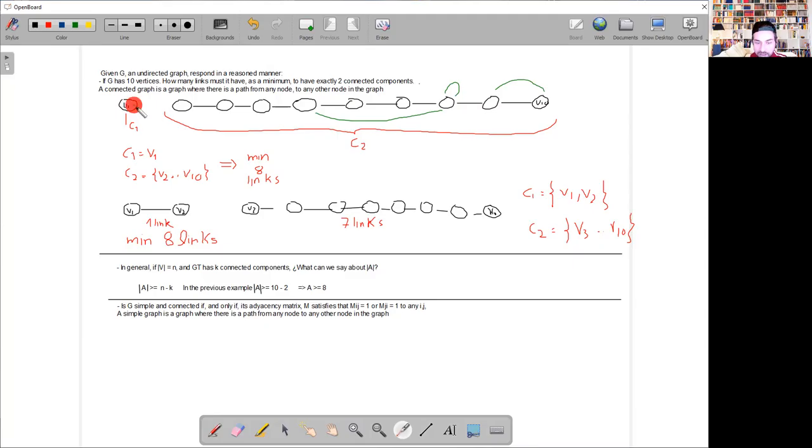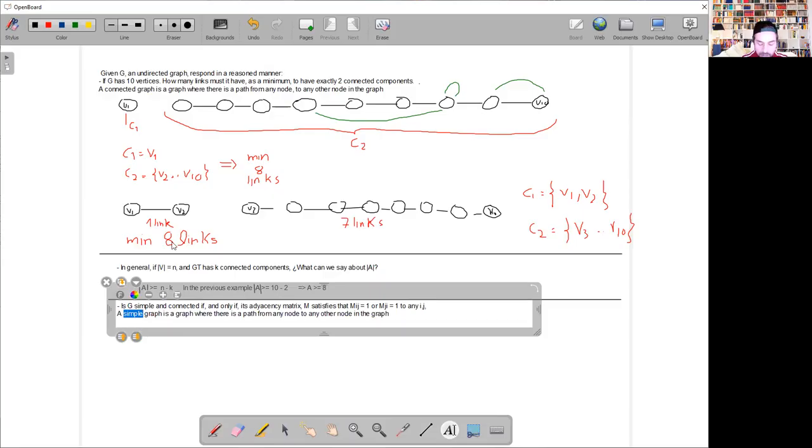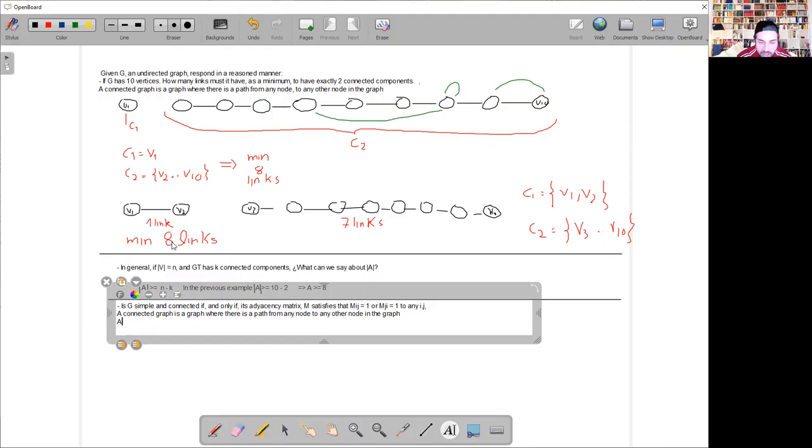So for instance here, oh sorry, that is connected, right? That is a connected graph, right? A simple graph is when there is only one edge between any 2 nodes.